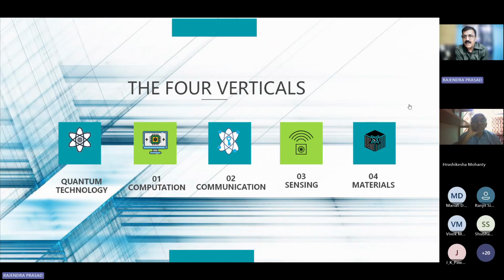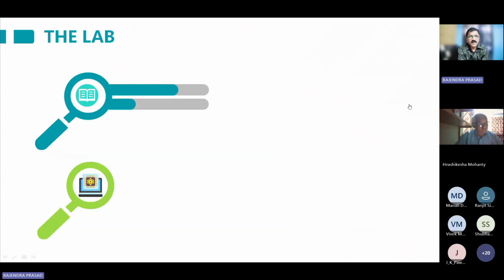Now, in all these verticals, we are supposed to cover both the theory as far as the curriculum is concerned, fundamentals, theory, and then the laboratory part of it. So the resources with respect to theory are always available, but if you have hands-on to touch on these subjects from theory onwards to practice, it will be helpful for the faculty and the students to learn.